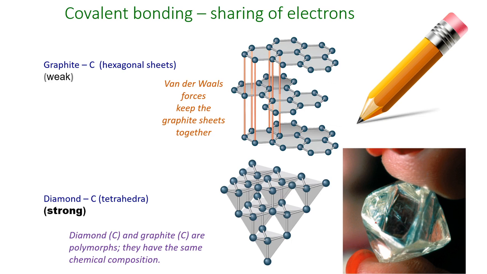Now, I want to also talk about these little bonds that are a little bit strange called van der Waals bonds or van der Waals forces. I do ask a little question about that. You don't need to understand these in great depth at all. In fact, they're very, very difficult to understand. You have to know quite a bit about chemistry and even quantum mechanics to start to understand them.